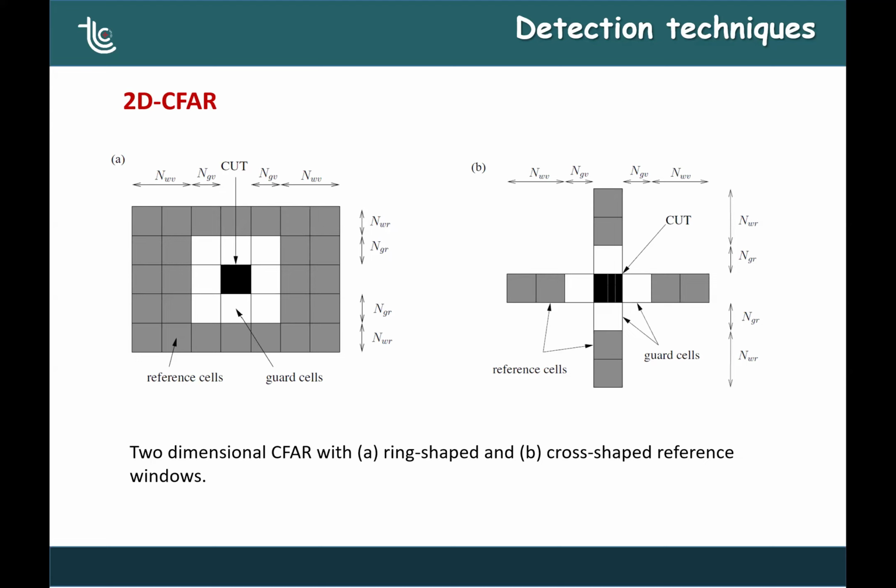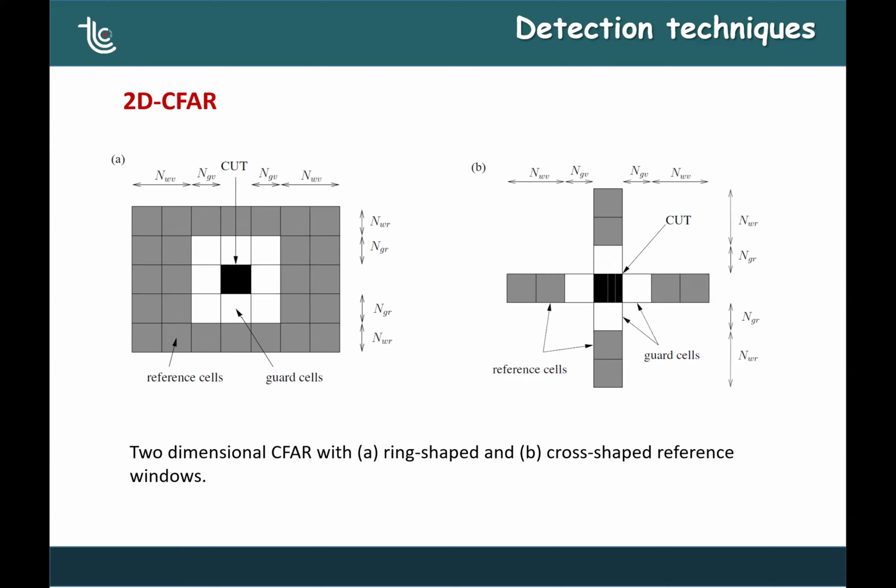But we can also use a cross-shaped reference window. As you can see here on the right-hand side, we still have the cell under test in the center, and also the guard cells in both dimensions. The horizontal dimension is the range. The vertical dimension is the frequency.